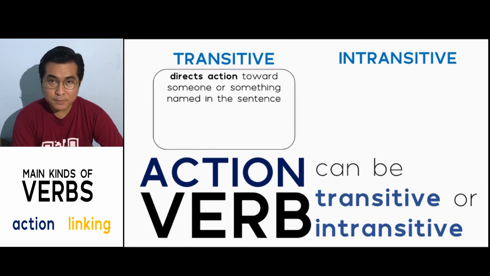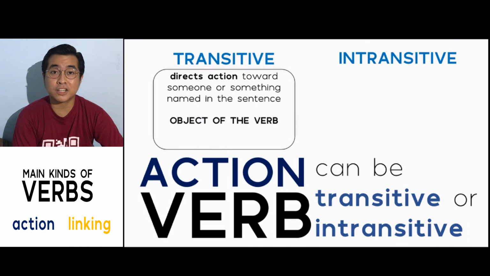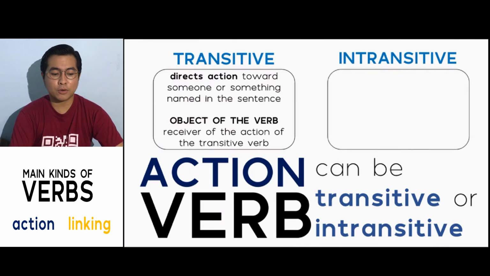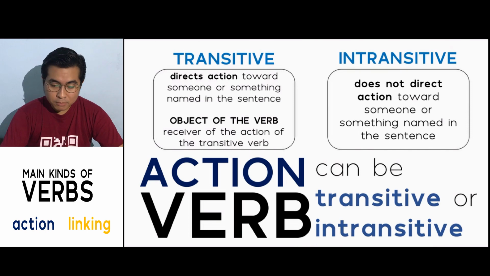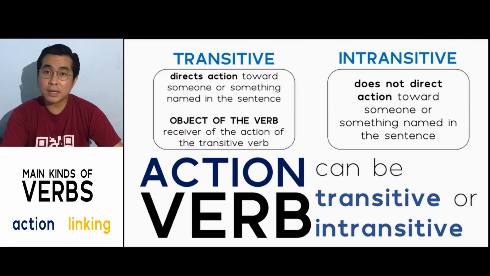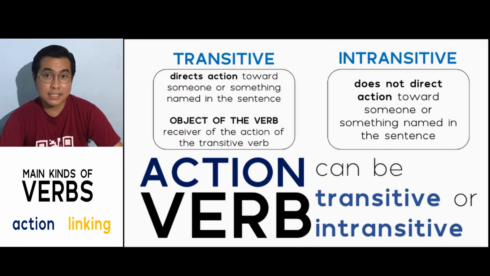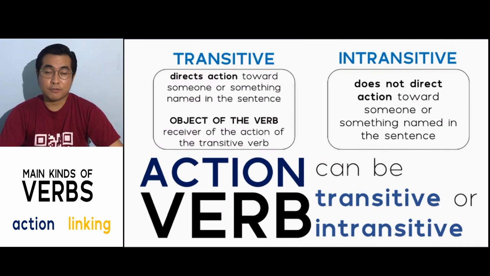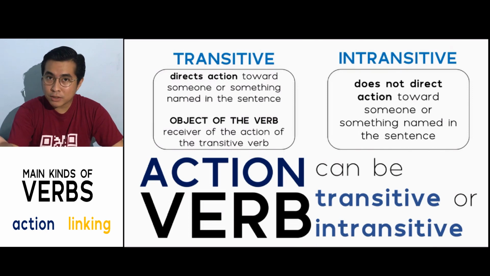In transitive verbs, there is the appearance of the object of the verb, which is the receiver of the action. The intransitive verb does not direct action towards someone or something named in the sentence. That's the difference between the two. You don't have an object of the verb for intransitive verbs. So how do we visualize that?